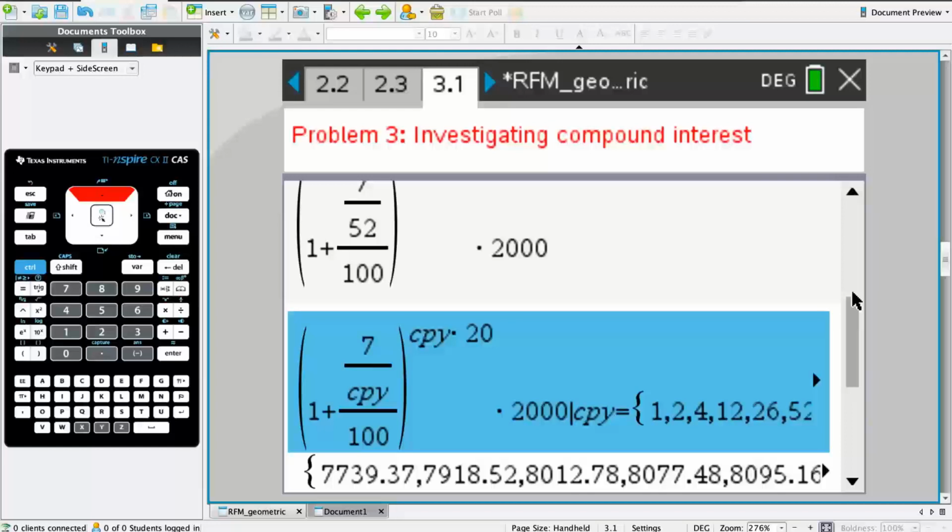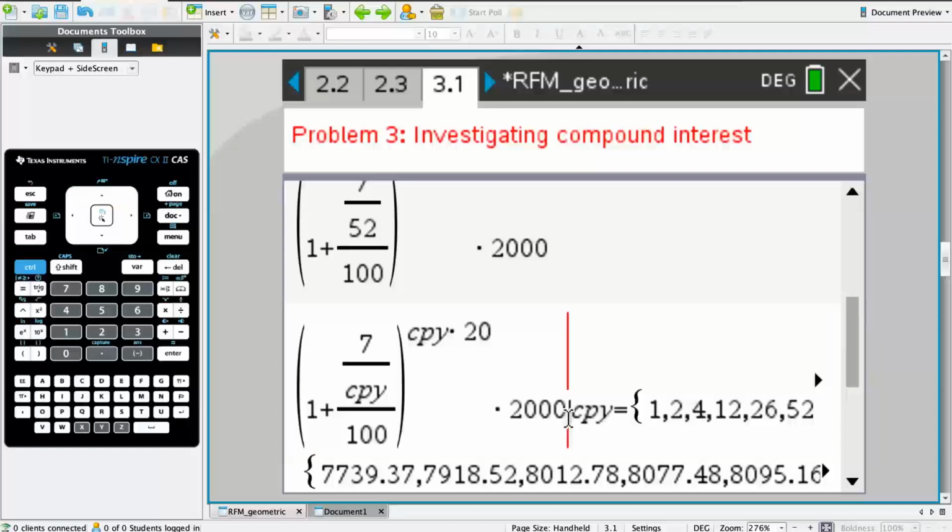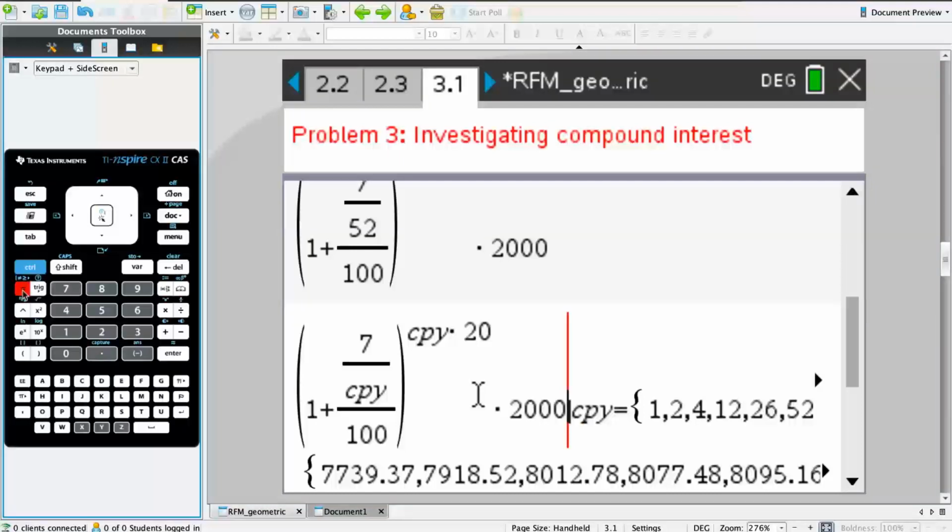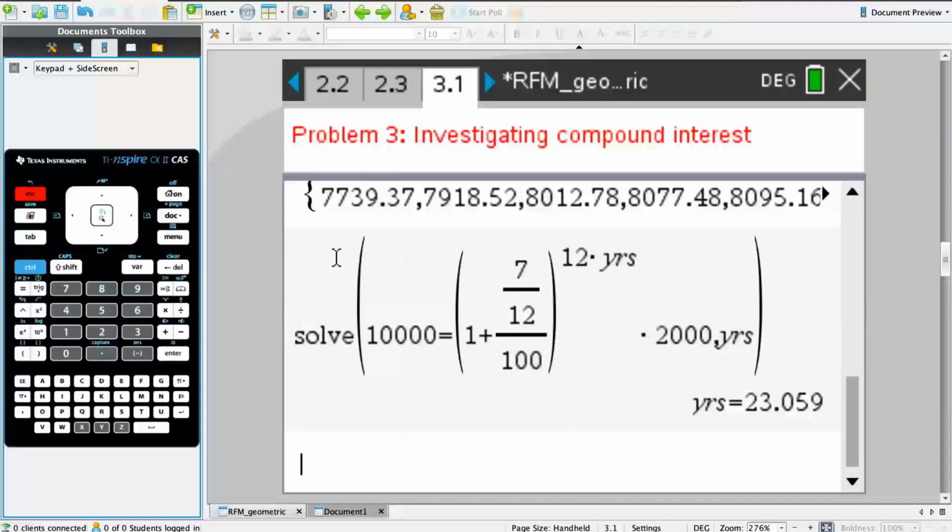And then to that calculation, you'll notice here at the end is a vertical line. That vertical line is for "given that", and you can find that here in the control equals, and that will bring up a palette that will allow you to access that.